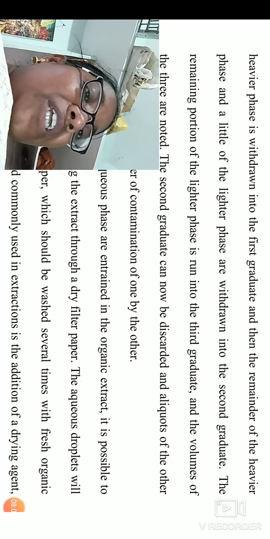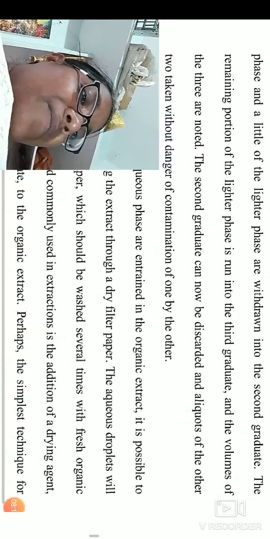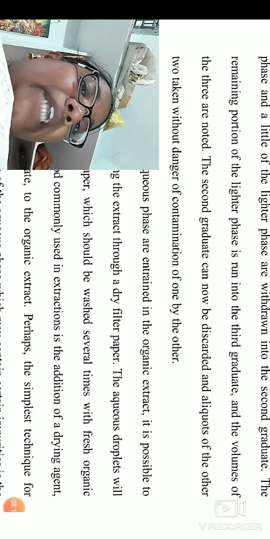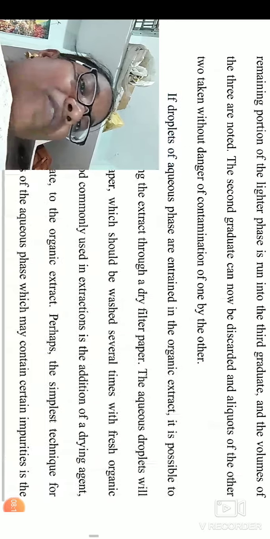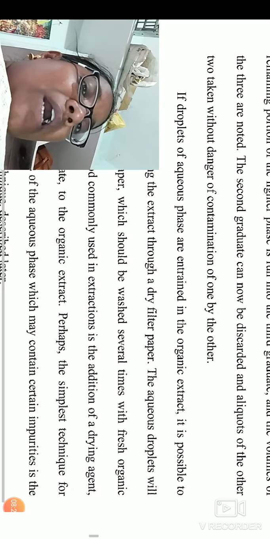The second graduate can now be discarded and liquids of the other two taken without danger of contamination of one by the other.